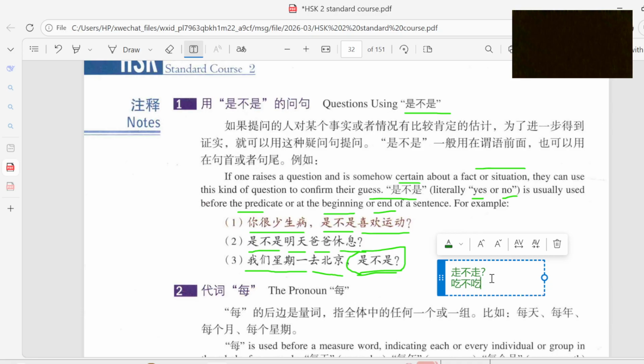So you can just play around with verbs. Just put the verb in front of and behind 不. It acts like magic.